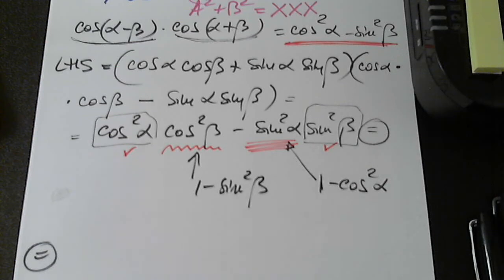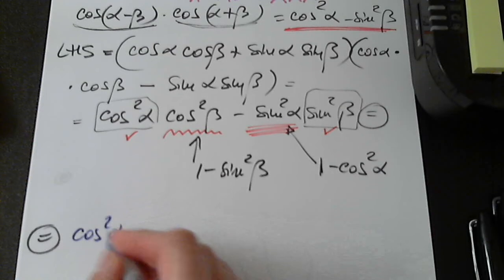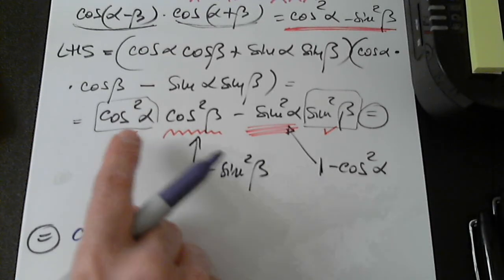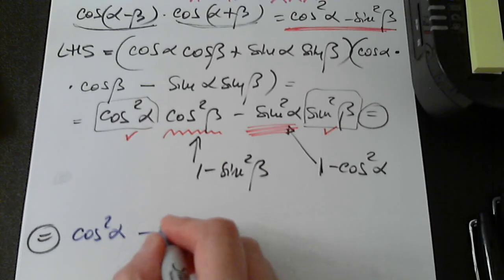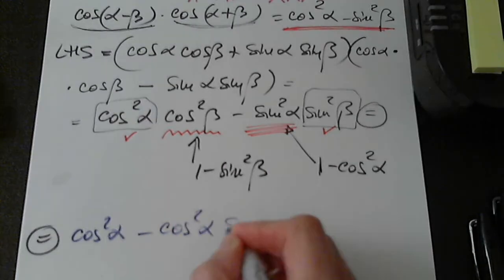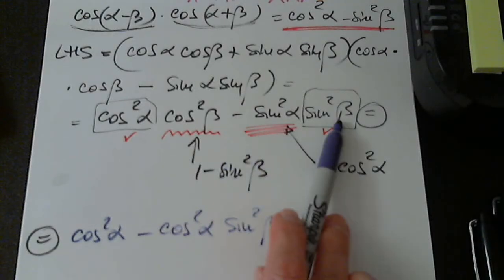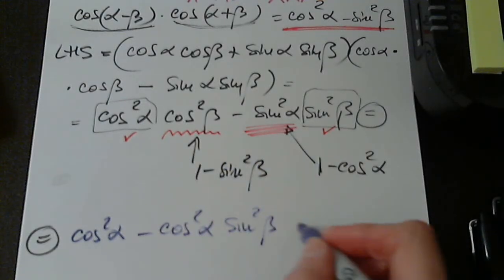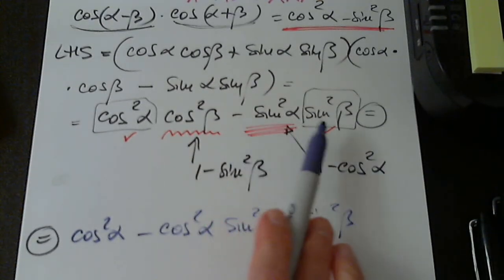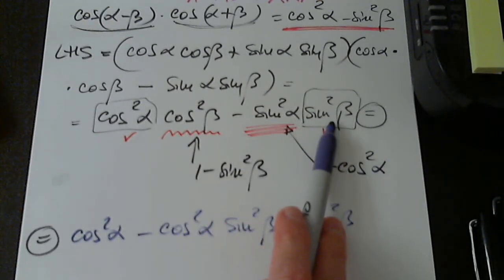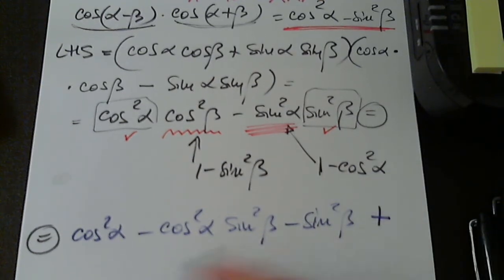Good. So let's continue. So we have cosine squared alpha multiplied by 1 and cosine squared alpha multiplied by sine squared beta. Okay, so minus cosine squared alpha sine squared beta, minus sine squared beta times 1 and minus sine squared beta times cosine squared alpha. So minus minus plus.